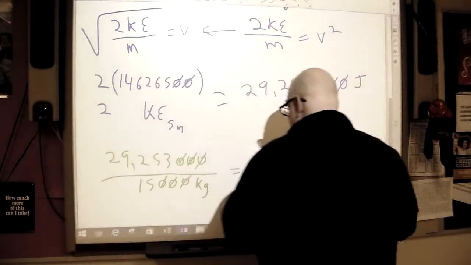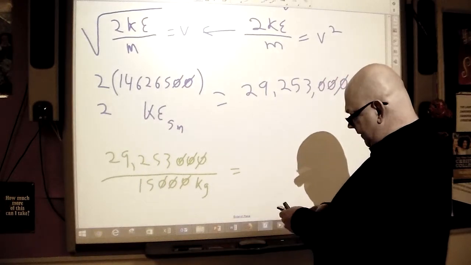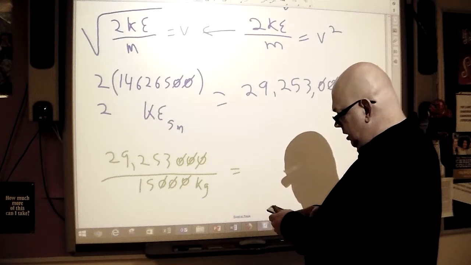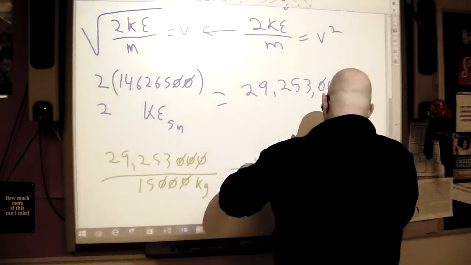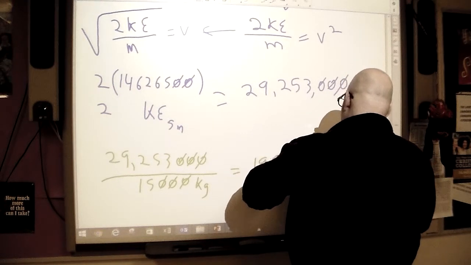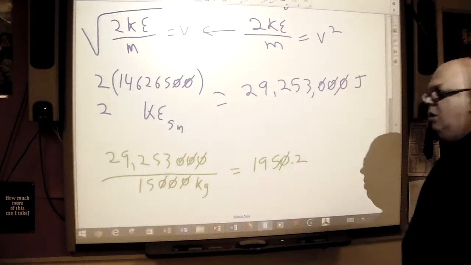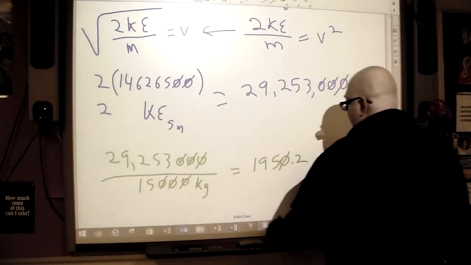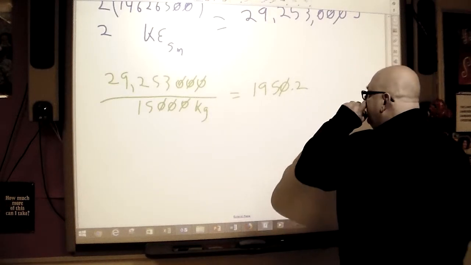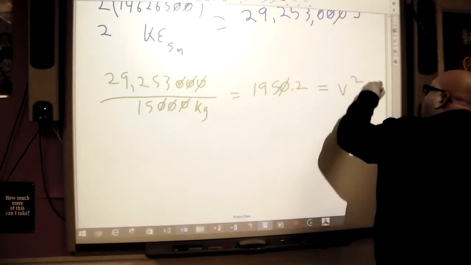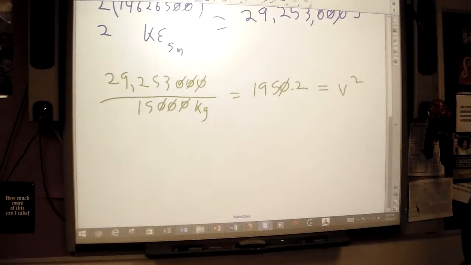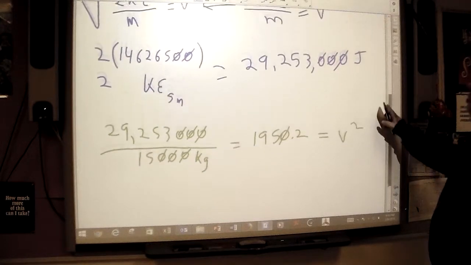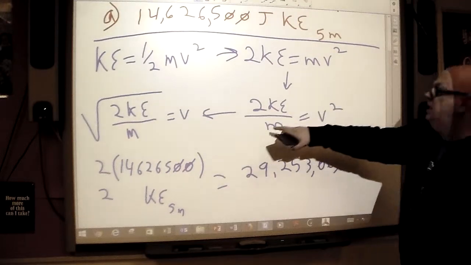So I'm going to divide that by 15,000, and that's going to equal 1950.2. We're almost done, because ultimately that is equal to V squared. That's showing you how we did it on the steps here.